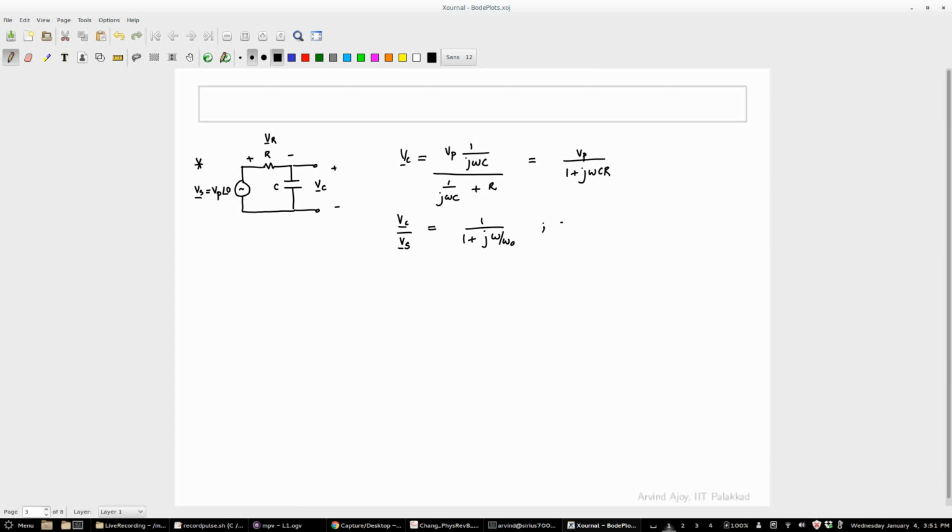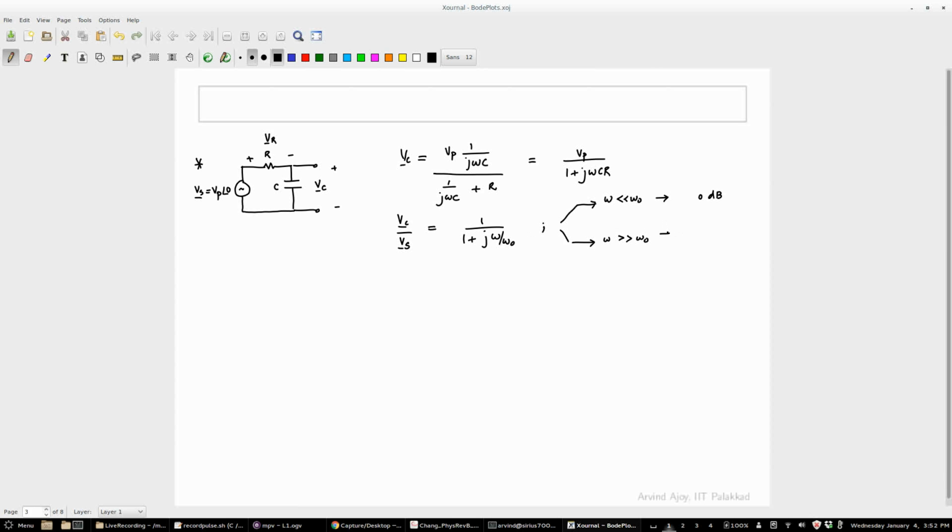Which means the ratio of VC by Vs, which is what we want, is going to be 1 by 1 plus j omega by omega 0. Right? And if I want to plot the Bode magnitude plot for this, again I need to consider two situations. I can do this by inspection.